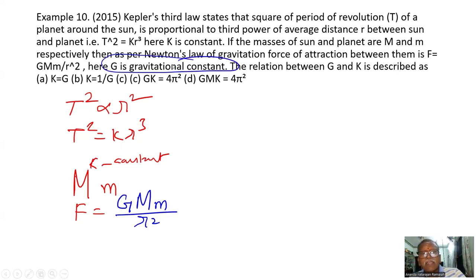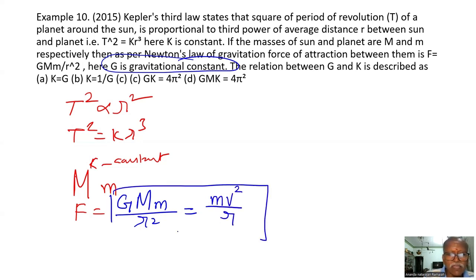The relation between G and K, what is the relation between G and K? We know that F equal to G M m divided by R square. This force is nothing but a centripetal force. So we know that centripetal force is m v square divided by r.